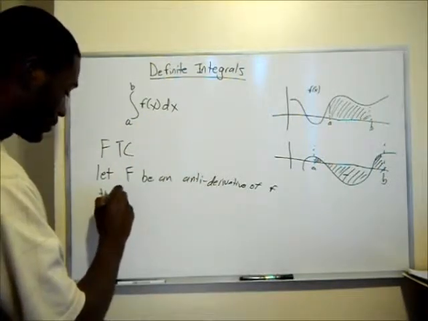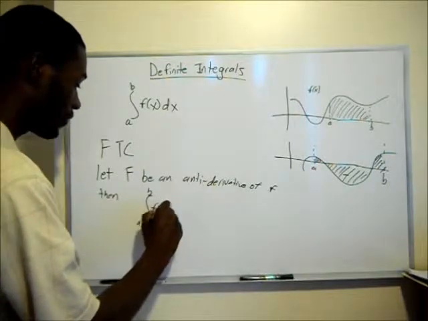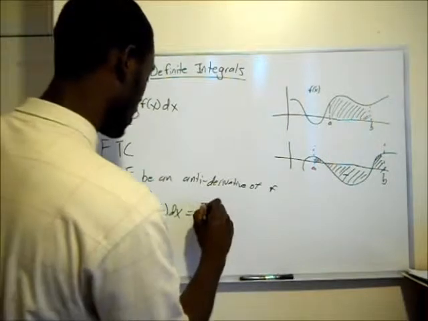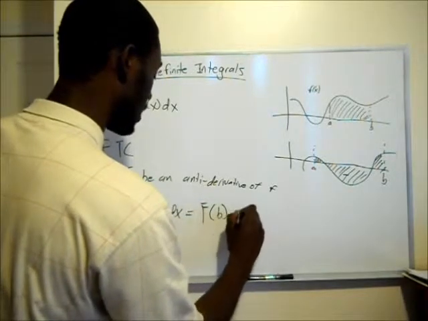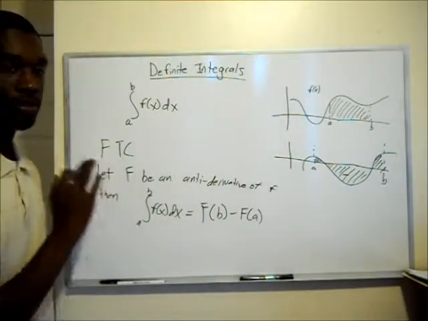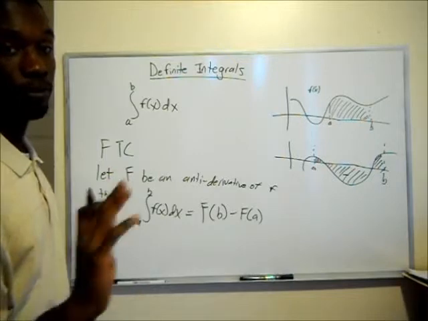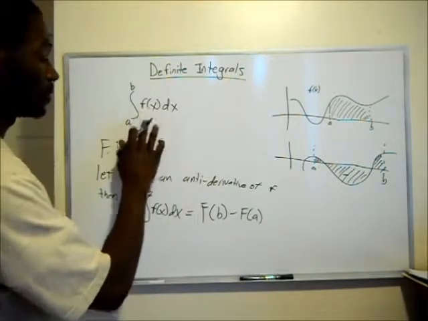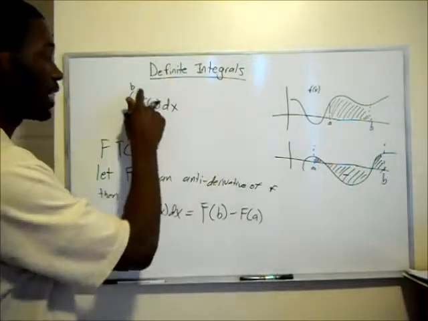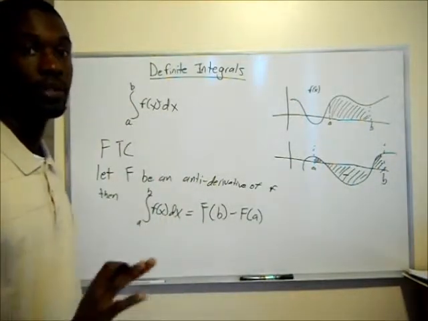Then the integral from a to b of f of x dx is going to be equal to capital F evaluated at b minus capital F evaluated at a. So the fundamental theorem of calculus is, if you're given some function to integrate, if you can find an antiderivative of it, and you evaluate the antiderivative at the two endpoints, you're going to do the top endpoint minus the bottom endpoint. That's how we're going to be solving all our definite integrals.